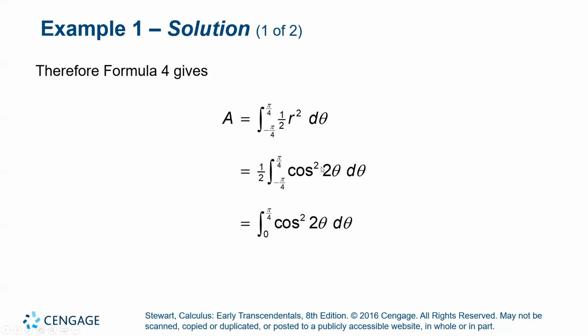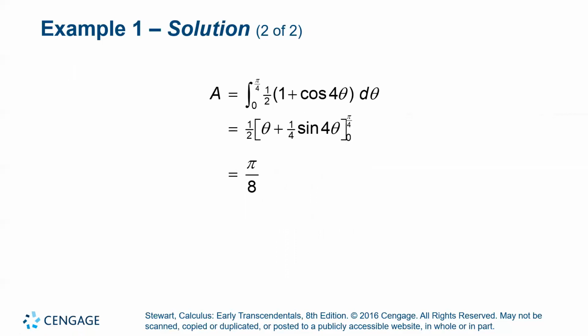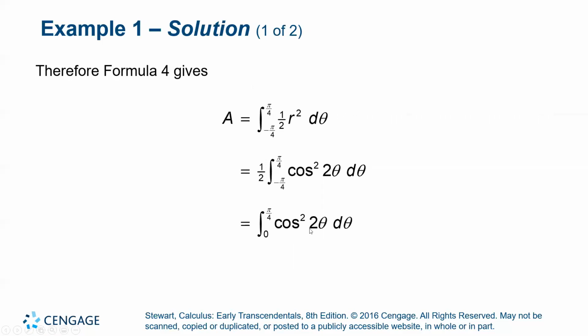If you'll remember from the past, we have power reduction formulas, which we also called double angle formulas, that will allow us to rewrite cosine squared as something without a square. And in this case, cosine squared becomes 1 plus cosine 4 theta. This 4 theta comes from the original 2 theta here, because the double angle formula says that cosine squared of theta is 1 plus cosine 2 theta, over 2.